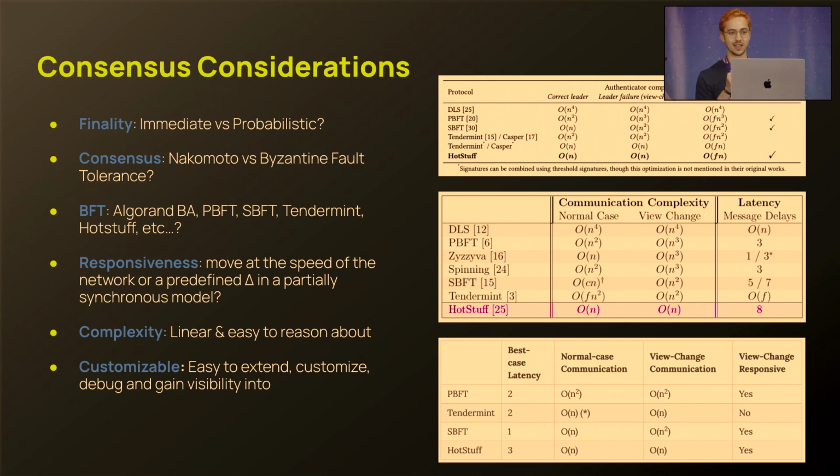They point to the fact that HotStuff is one of the leading BFT algorithms out there in almost every single way. It has linear complexity, it is responsive, which means that it moves at the speed of the network, and it's very easy to understand and customize, as you will see in a moment.